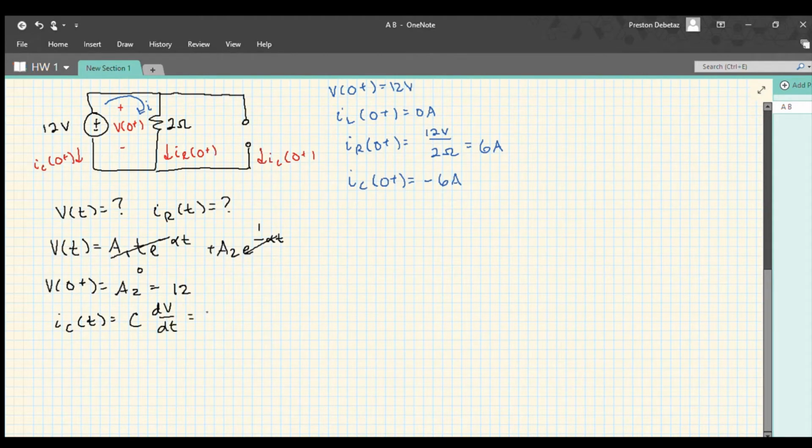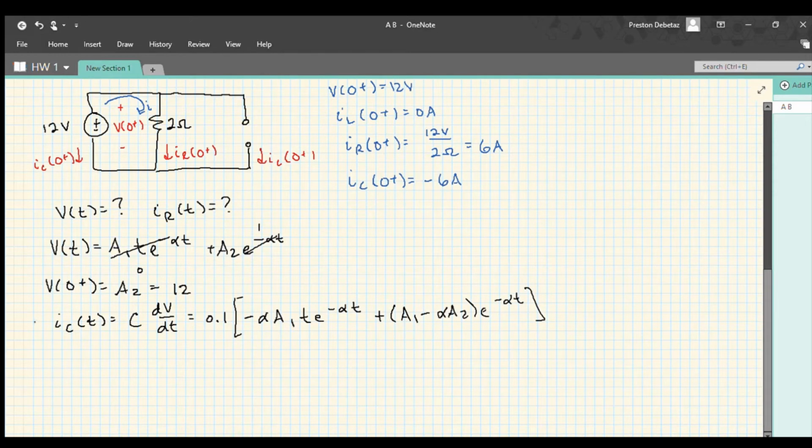This will be 0.1, and then from the table, the derivative is minus alpha A1 t e to the minus alpha t plus A1 minus alpha A2 e to the minus alpha t.